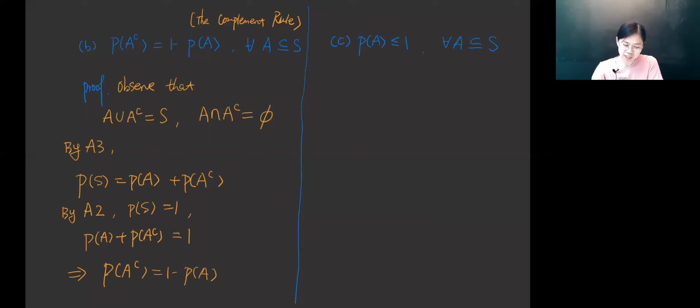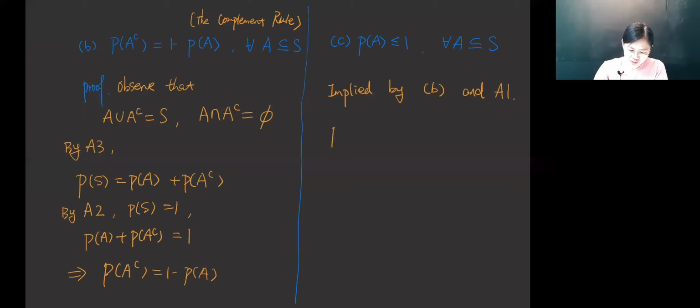This is not surprising, and it's directly implied by consequence B and axiom 1. So why so?